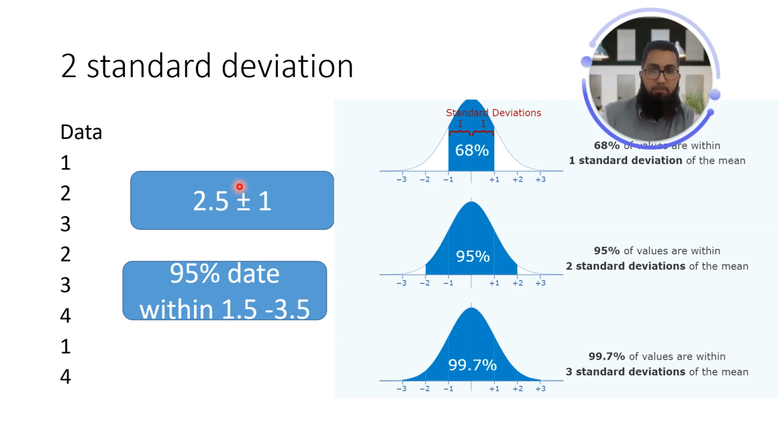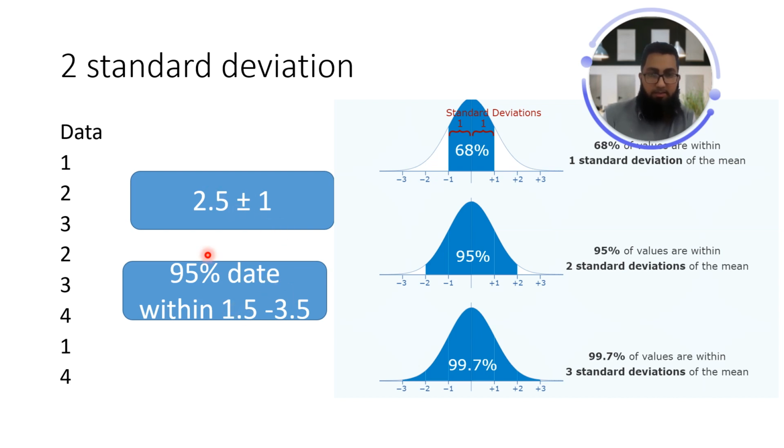But then I have plus or minus 1. So this is my standard deviation. What does that mean? I do 2.5 plus 1, which is 3.5, and 2.5 minus 1, which is 1.5.